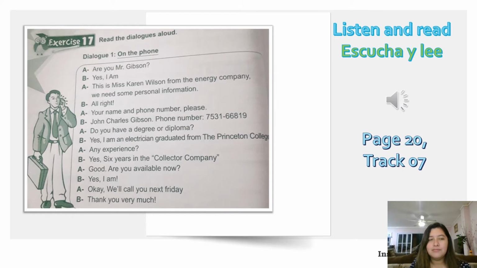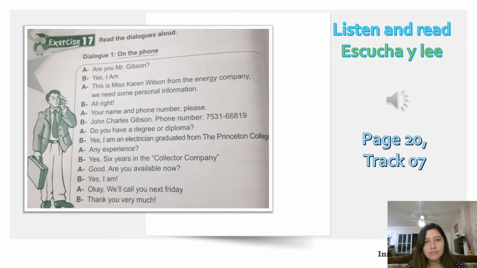Page number 20. Dialogue 1. On the phone. Are you Mr. Gibson? Yes, I am. This is Miss Karen Wilson from the Energy Company. We need some personal information. All right. Your name and phone number, please. John Charles Gibson, phone number 7531 66819.